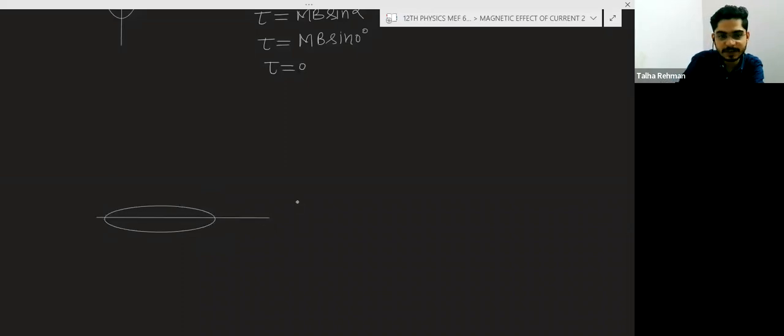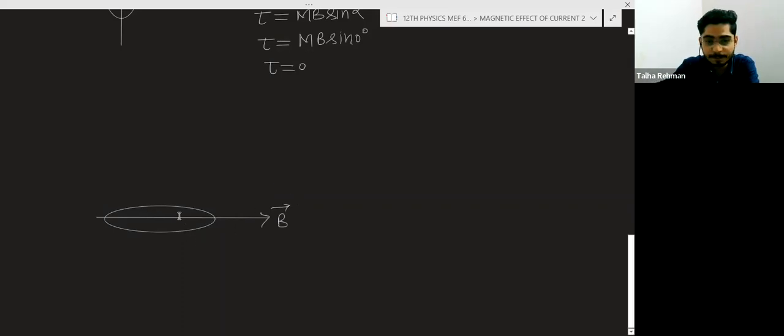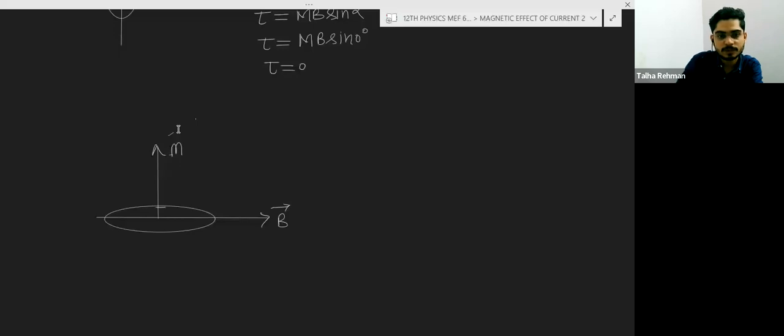Magnetic field direction will remain same, but the direction of the magnetic moment will be perpendicular to the plane of the coil, like this. This will be the direction of the magnetic moment. So now the angle between the magnetic field and the magnetic moment will be 90 degree.